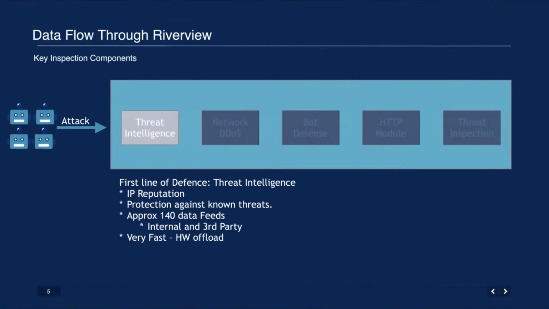We take in approximately 140 different data feeds, both that we generate internally and ones that we curate from third parties. The benefit of this, of course, is that it's very fast. We do this in hardware. So when you choose those to block in your policy, that is written in the hardware. We can block that fast, easy, don't even need to think about it, no sweat.